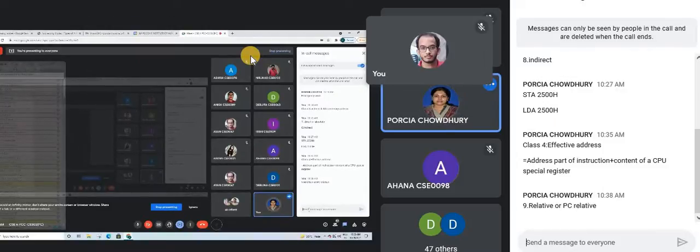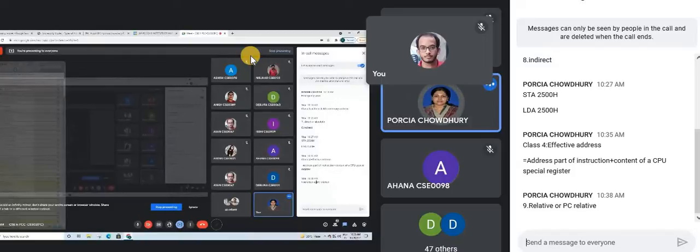So over here, this part, the content of a CPU special register, which is the special register? PC, program counter. I have told you that the category of class 4 is basically dependent on the content of a CPU special register. So in the first category, relative or PC relative, the special register is the program counter.